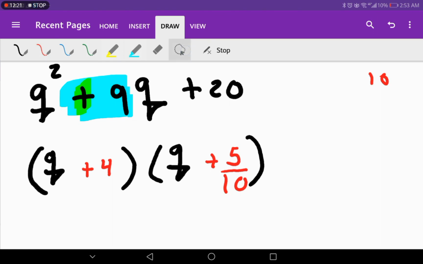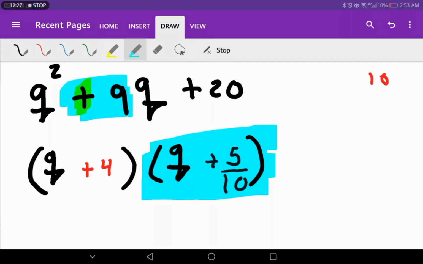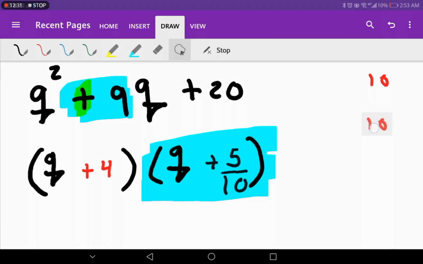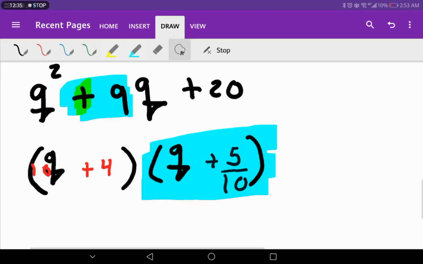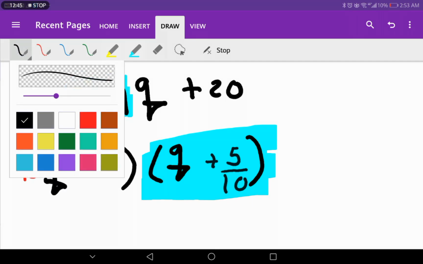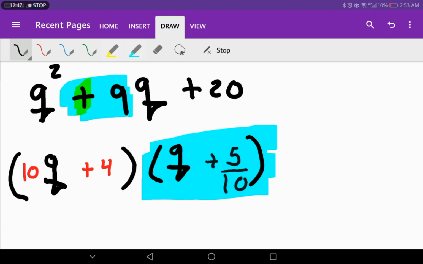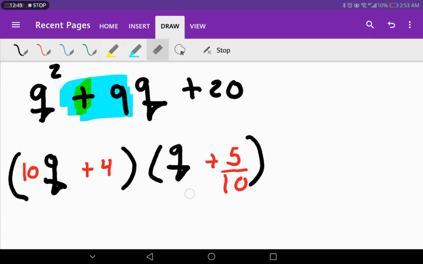So I'm done from this side. From this dimension or this side, the length or the width, it doesn't matter. And this I have to put here as the coefficient of the Q. Let me write it correctly, yes, it is 10Q, and I close this one. Okay.